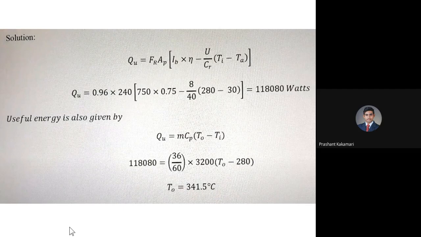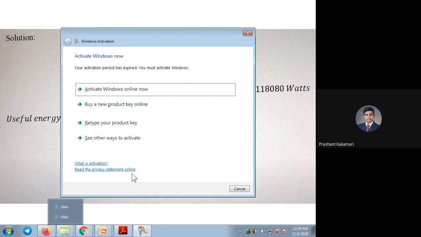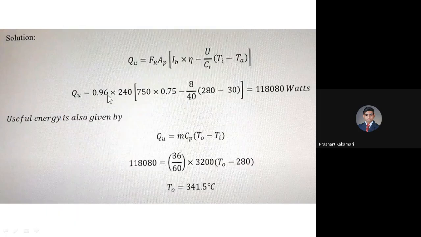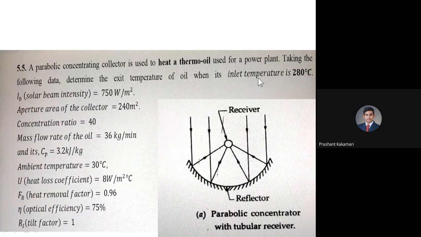Using this type of equation based on the heat removal factor, one can find the useful heat gain. Once you substitute all the values given in the problem, the useful heat gain by the oil is 1,18,080 watts, the useful heat gain by the liquid flowing in this pipe or the receiver.